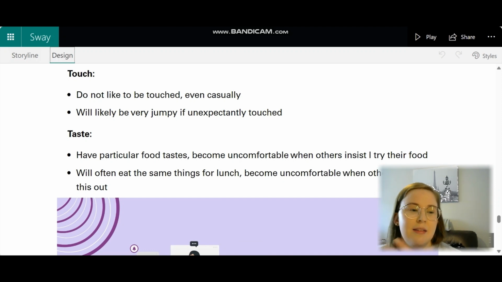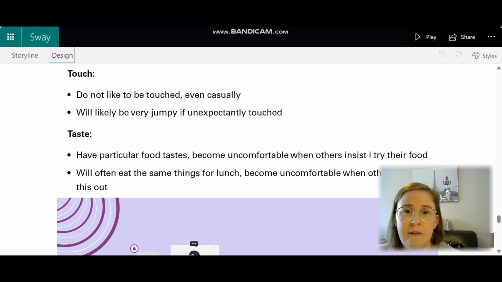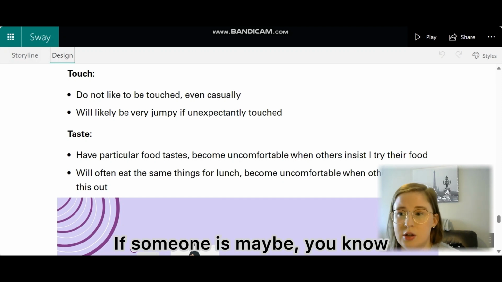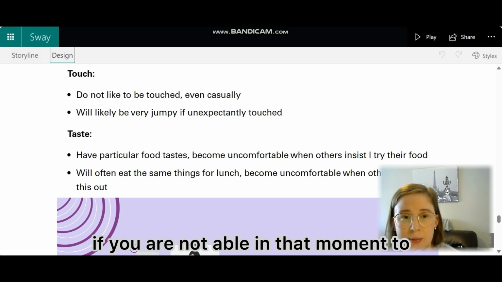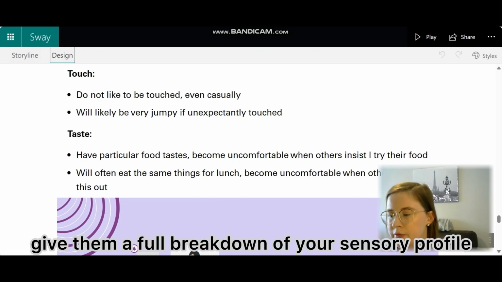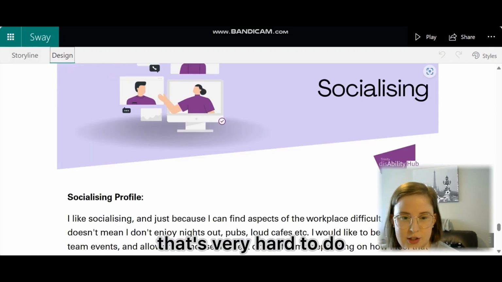So sometimes it's really important to have these things written down. And if someone is not aware of what you need, you can always ask them to review your workplace profile if you are not able in that moment to give them a full breakdown of your sensory profile, because in reality, that's very hard to do.